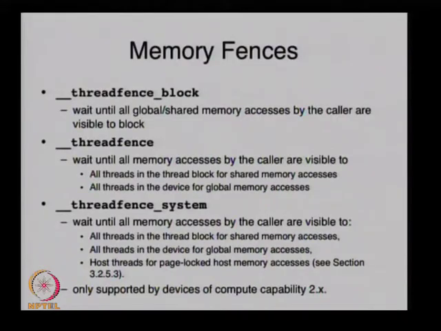Okay? And then there is thread fence system, which makes it visible to the host also. So if I have proceeded beyond a thread fence system, the host will see this data. Are there any questions? And thread fence system is only on 2.x. The other two are available in the earlier versions also.